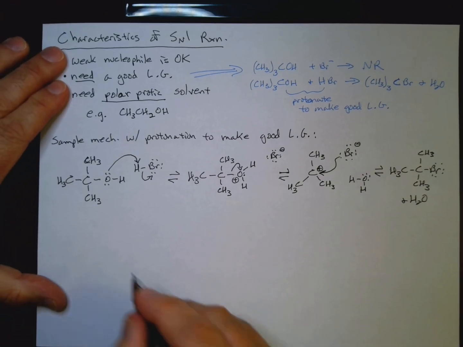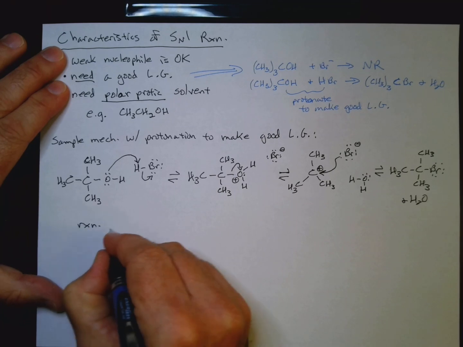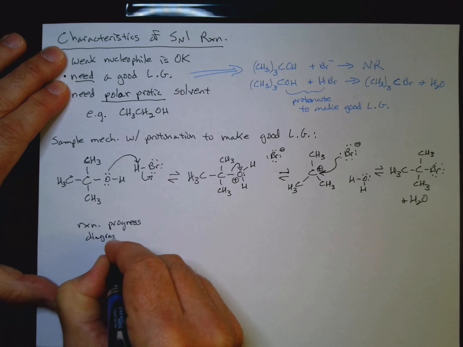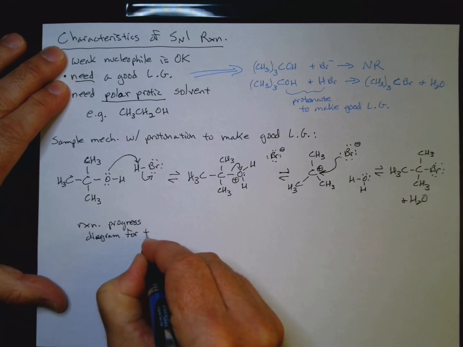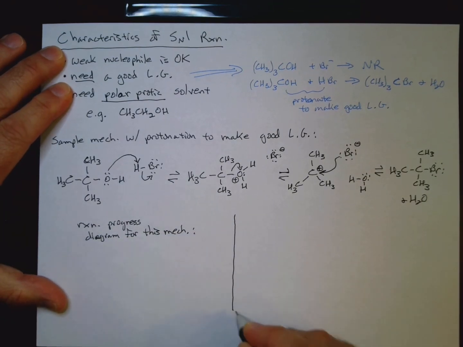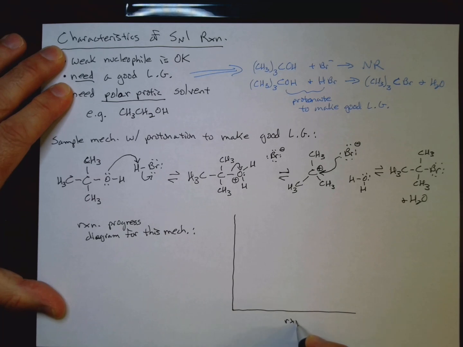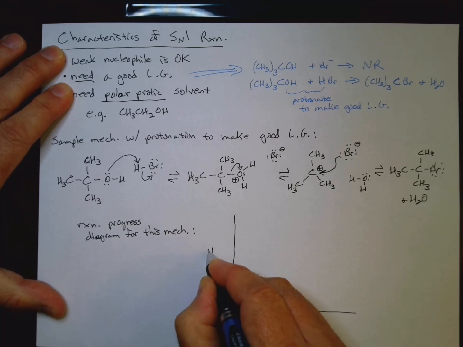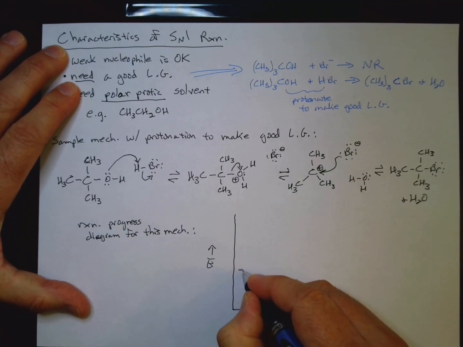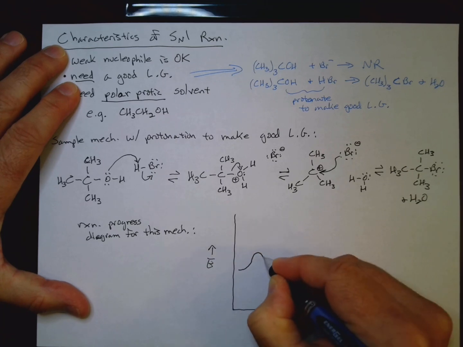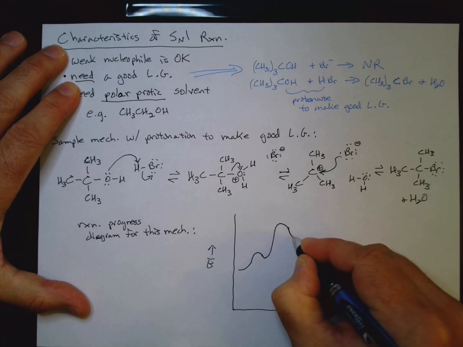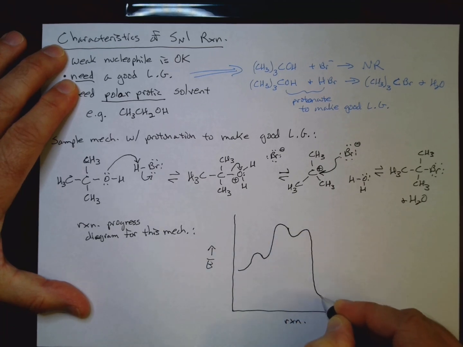Now, if I was going to look at the reaction progress diagram, it would look something like this. I've got 1, 2, 3 steps, so I should have 3 peaks. So typically I'll have my initial protonation, and then I'll have a much higher peak for loss of leaving group, and then I'll have my nucleophilic attack.